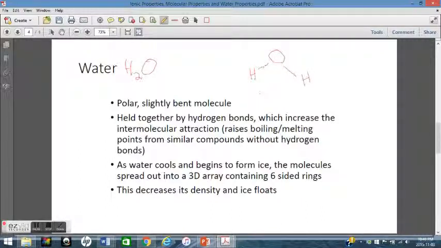Shape-wise, it's going to look something like this, where there's an angle between the two hydrogens, and the oxygen itself is kind of at one end, if you can imagine a little triangle.